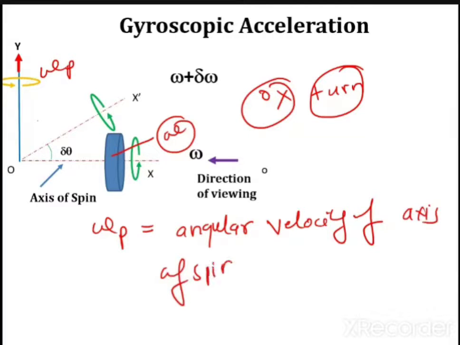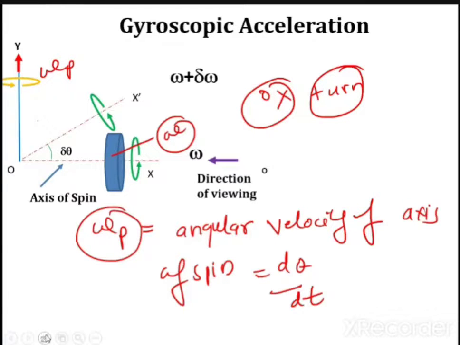Omega p is the angular velocity at which the axis of spin is turning about this axis of precession OY. So omega p is equal to the angular velocity of the axis of spin, which is equal to d theta upon dt.